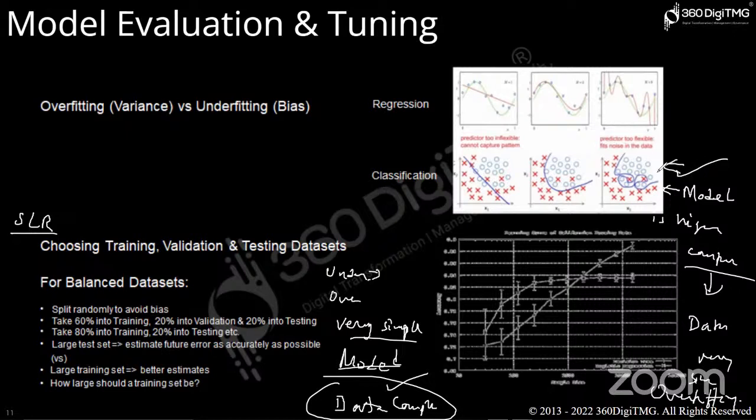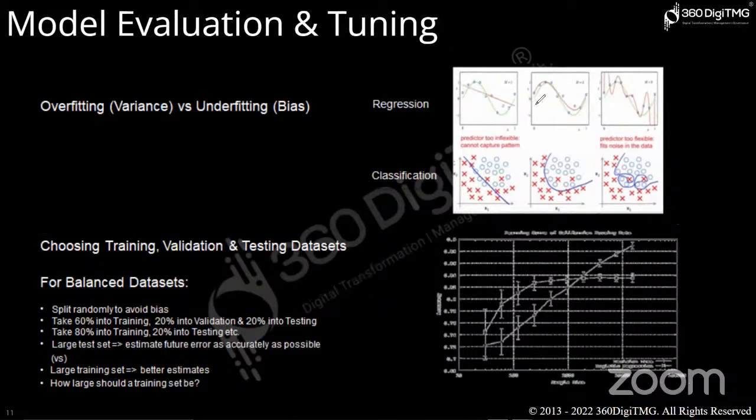This one is for classification, same thing here for regression as well. In regression you can see this is the sine curve. We are trying to generalize this using a straight line, which will never work. Now this one is a perfectly trained model, you can see.